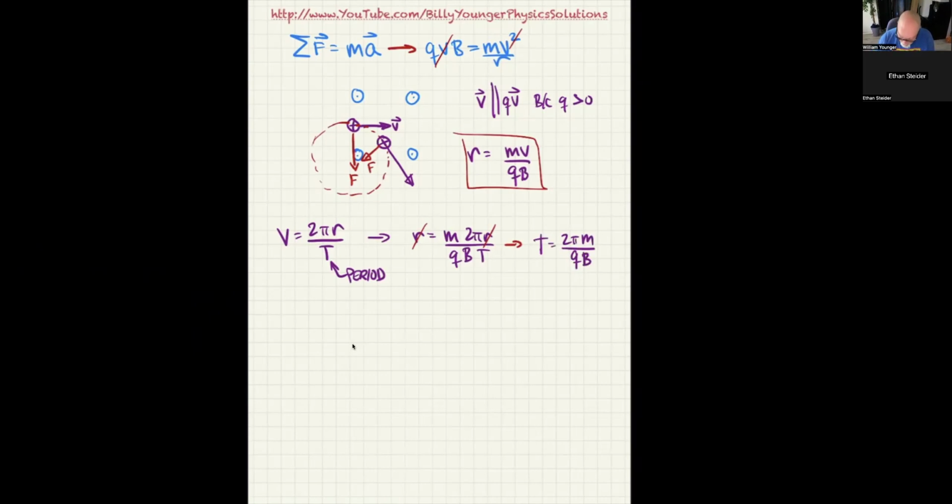And that, lo and behold, is the period of the particle. In other words, that's the amount of time it takes the particle to complete one circle.